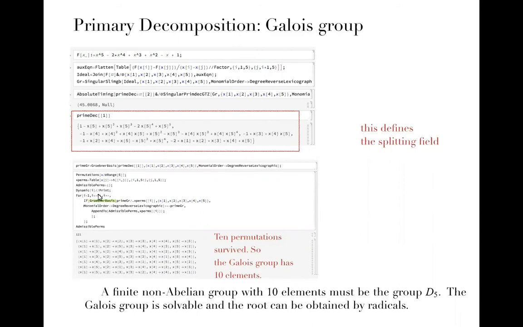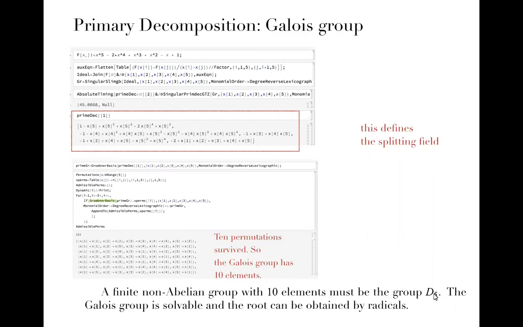So brute force, I consider the 5 factorial permutations and put them into this ideal. I find that 10 survived. So instead of S5, this Galois group should have order only 10. And if you check the finite group table, you find that the only size 10 subgroup of S5 is D5.